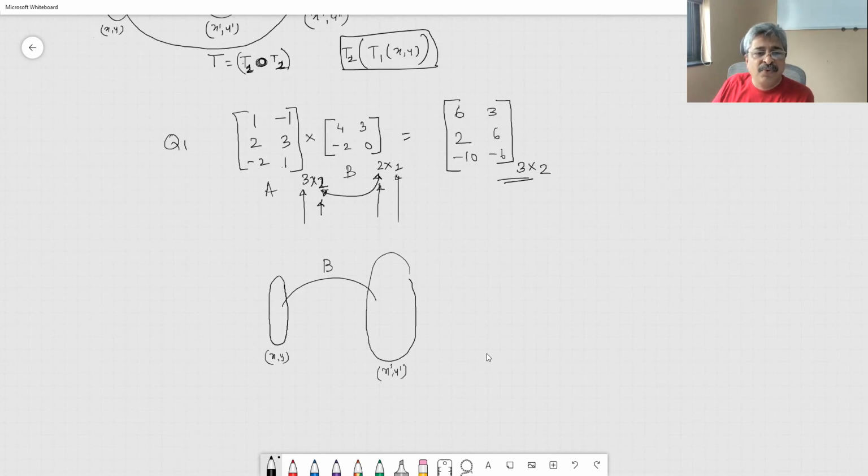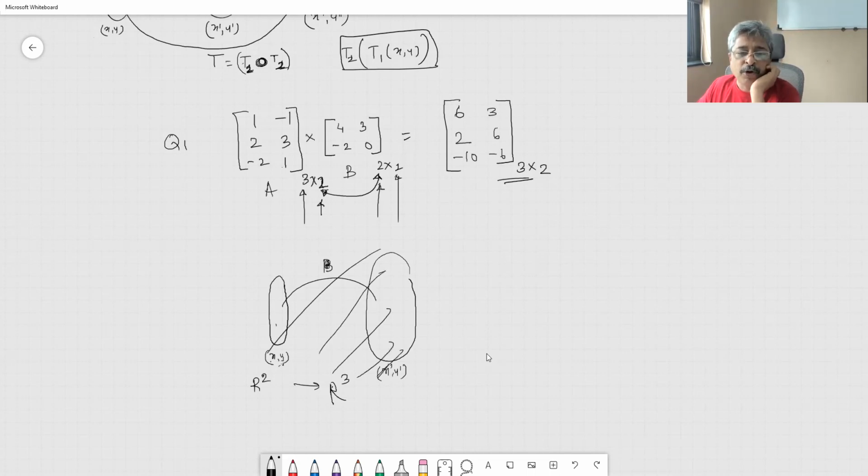However, the number of dimensions is going from R2 to R3. So xy are the variables in the domain of the B matrix. First B needs to be operated.